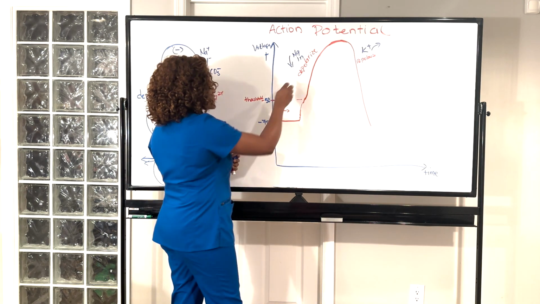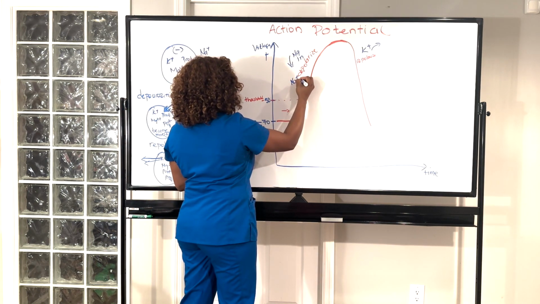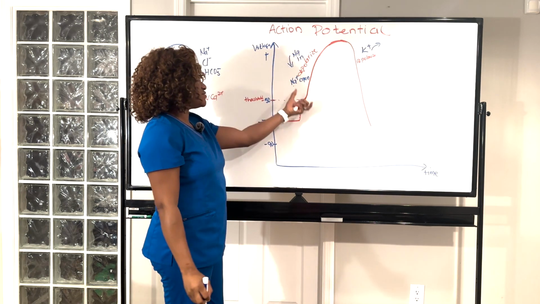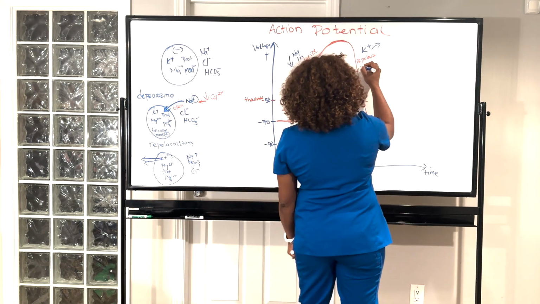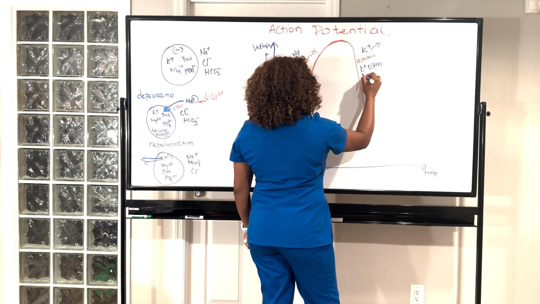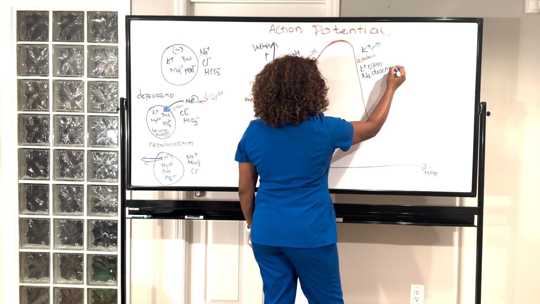So here at this phase, our sodium channels are open and active because the sodium is able to get inside the cell. And during this phase, our potassium channel is open and the sodium channels are deactivating.